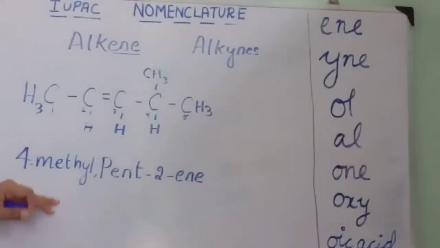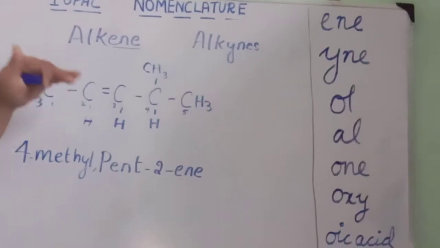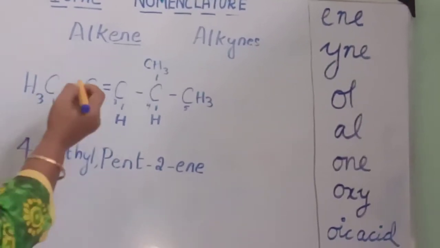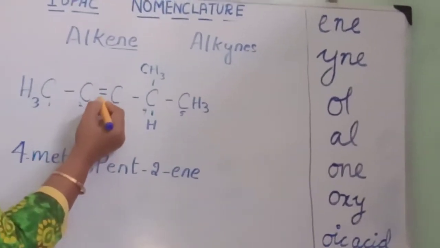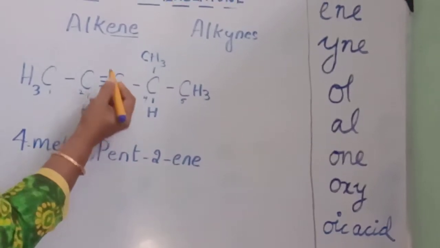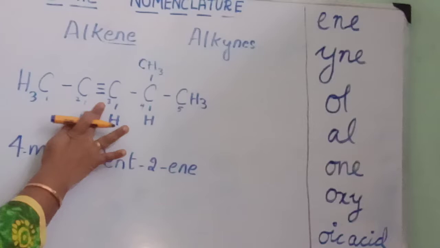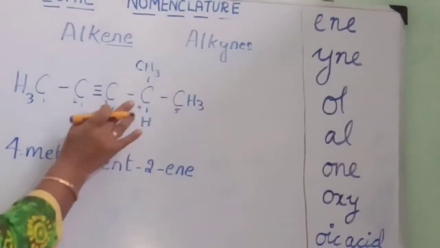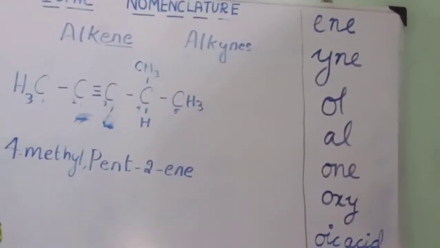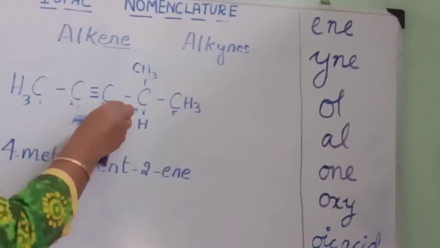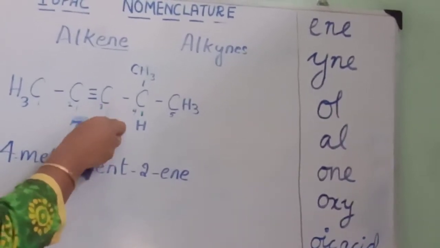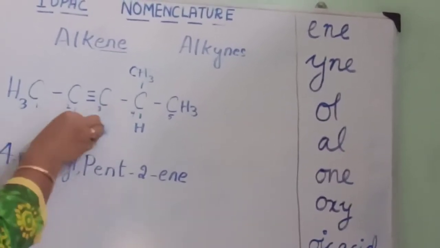I think now ene is very clear. Let me alter this to yne. Let me make a triple bond here, with the same structure. If it becomes a triple bond, this hydrogen will not exist, because carbon has a valency of only 4. So I am rubbing off that hydrogen.